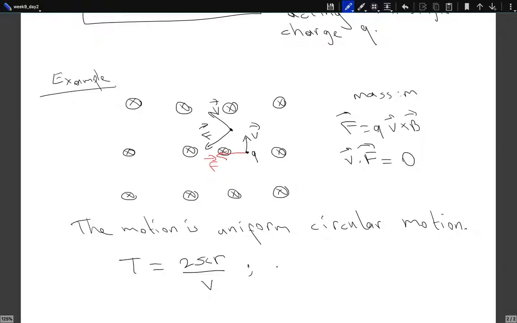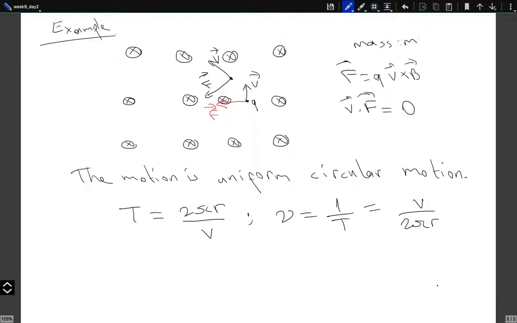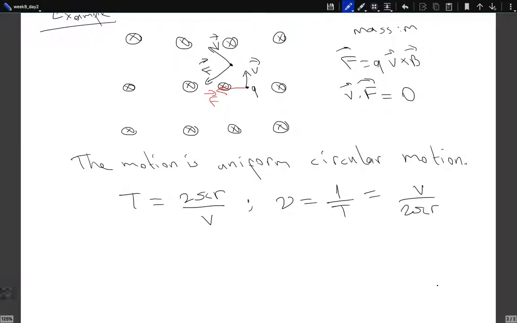Well, most of the time we are interested in frequency, which is 1 over T, which is v over 2 pi r. Well, we know that it's doing circular motion. What is the central force? It's mv squared over r. Well, the force has to be equal to mv squared over r, and the magnitude of the magnetic force is QvB.